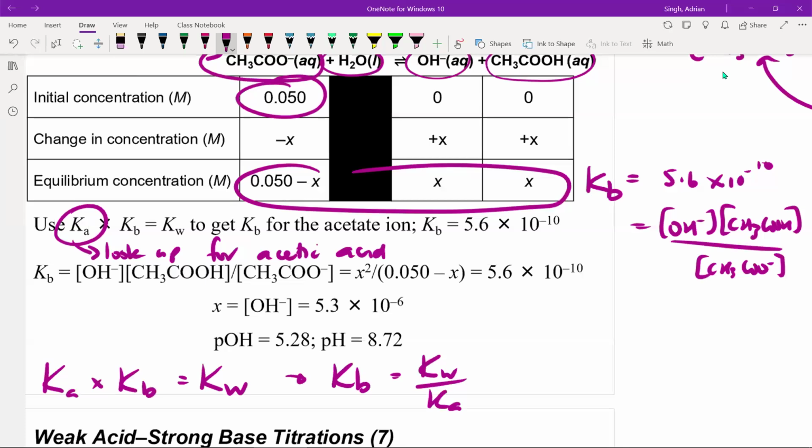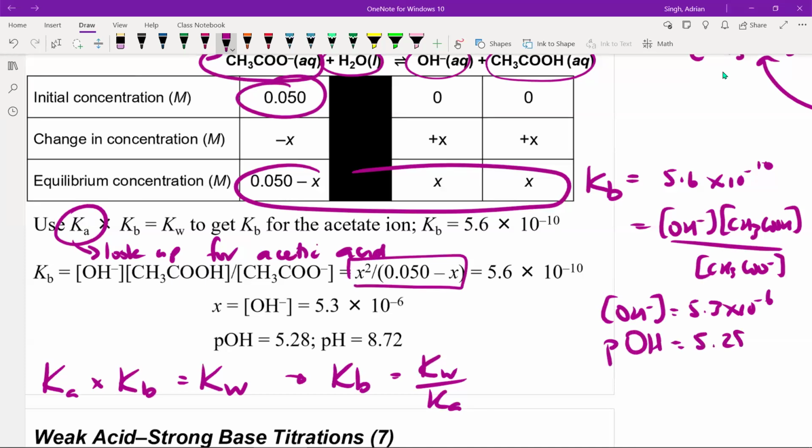We end up with X squared over 0.050 minus X, again, assuming X is small. And we solve for the OH minus concentration. And that ends up being 5.3 times 10 to the minus 6. We can determine the pOH, which ends up being 5.28. So the pH then would be equal to 14 minus 5.28, which would give 8.72.